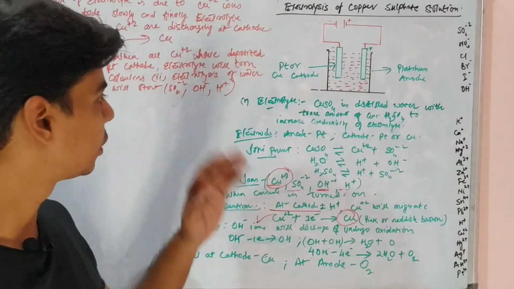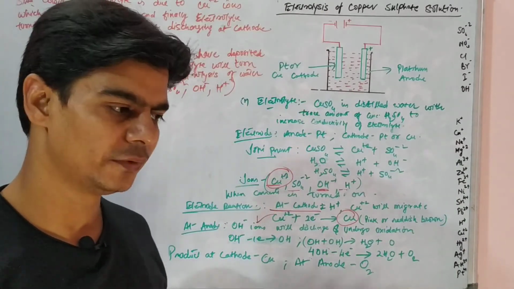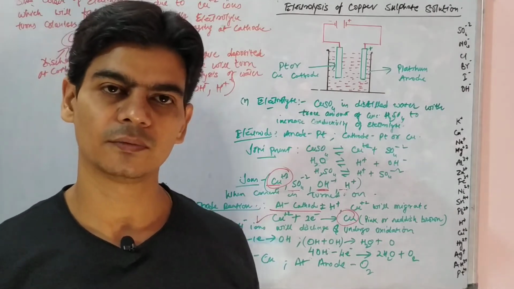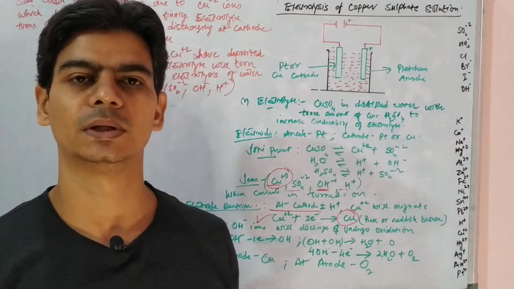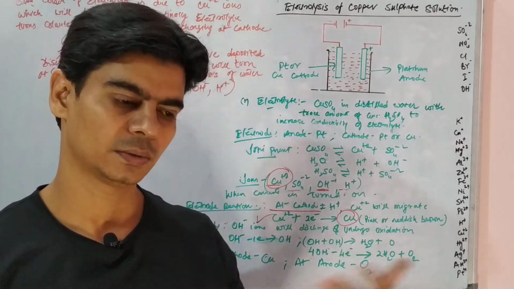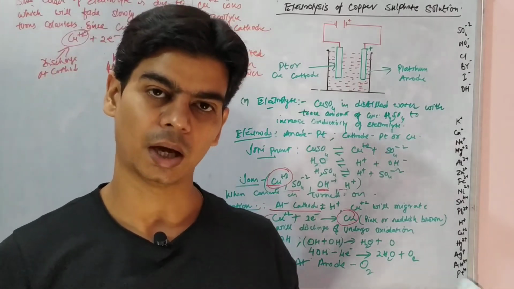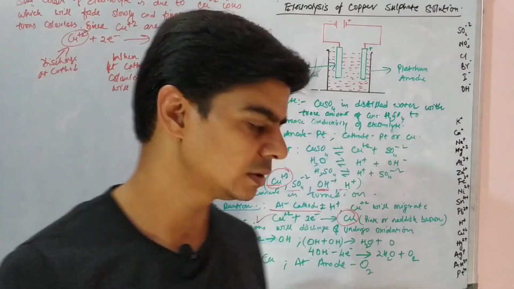Since electrolysis of water has started and copper ions have finished, because earlier copper metal was deposited because copper ions were there. When copper ions finish, the product obtained at the cathode would be hydrogen, and at the anode it would remain the same, oxygen.